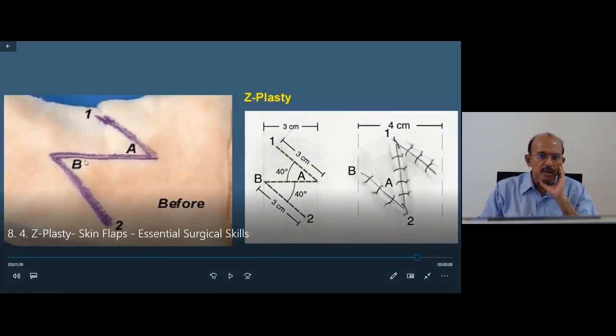Now you can see this is the scar, the original scar. This is contracted. We want to make it lengthened here. Instead of here, this should be this much size.